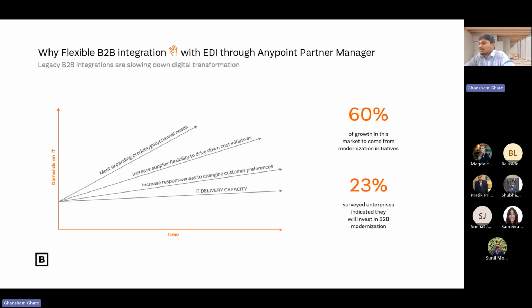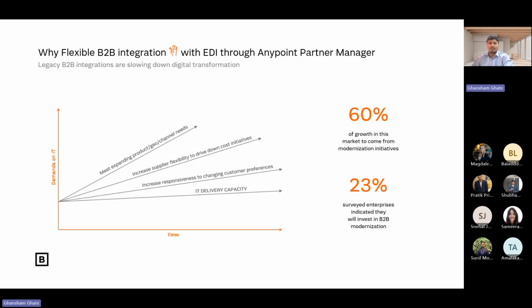We can see a clear picture of increasing pressures on our IT departments over time. That is the first line. Then we see various drivers pushing these demands upward: the need to support expanding product lines, reach new geographies and sales channels, requiring us to integrate with a wider array of partners and systems.